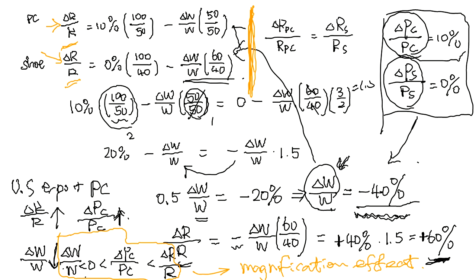Because capital is movable in the long run, right? Capital is movable across industries by the assumption of the Heckscher-Ohlin model. So we could figure out the equilibrium change in the labor wage, so that we could figure out exactly what the percentage change in the capital return is as well.